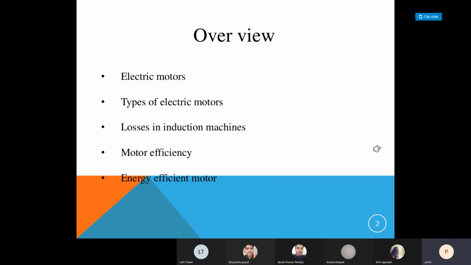We will look at the types of electrical motors, the different losses in an induction machine, and the efficiency of a motor. What are the different parameters governing motor efficiency, and what is the basic formula for it? And finally, the energy efficient motor: what it actually means and how we can achieve it.